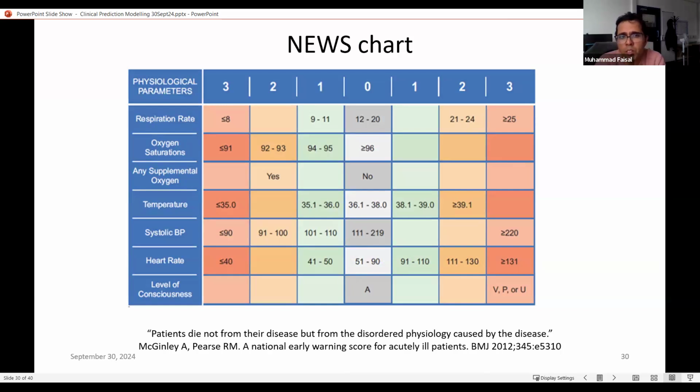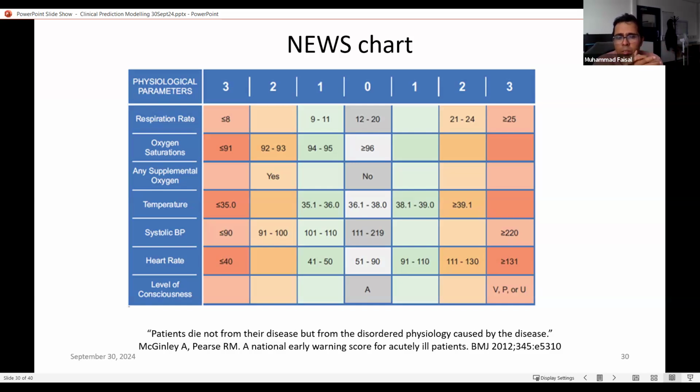It provided a standardized approach so nurses can communicate with doctors and with the ICU team, and care can be standardized across all levels.